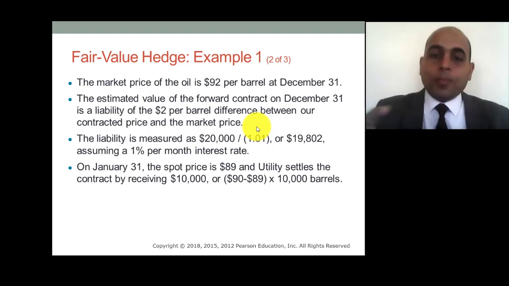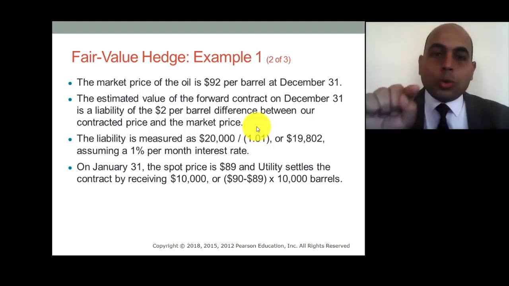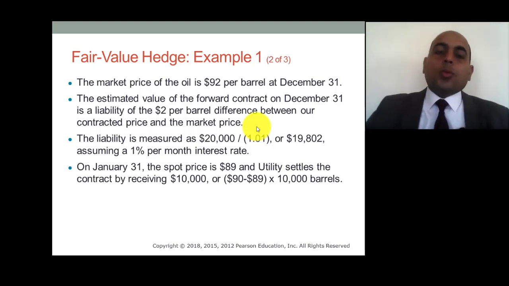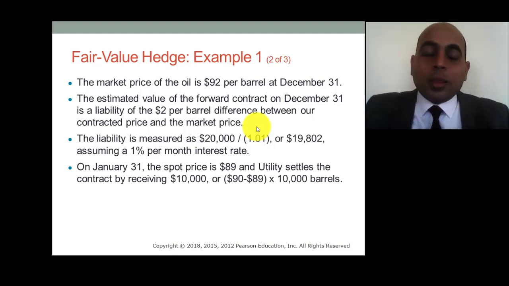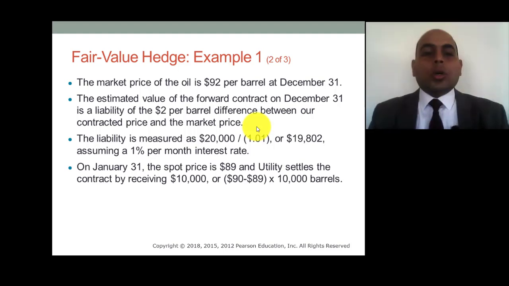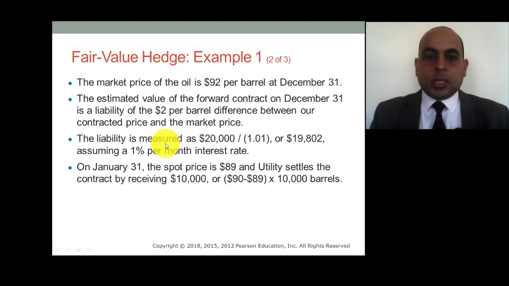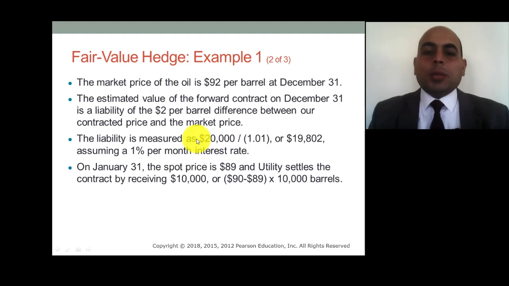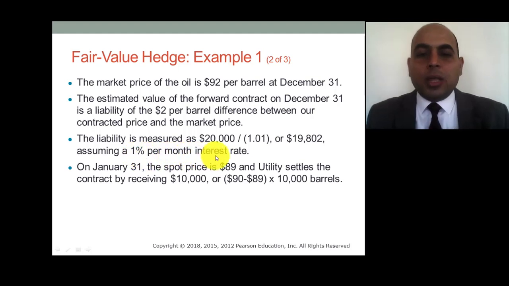But be careful, as we entered into forward contract, the amount that results from the forward contract we will recognize by the present value. So here the amount, as we discussed a minute ago, is 10,000 barrels multiplied by $2, in total $20,000, assuming 1% per month interest rate.